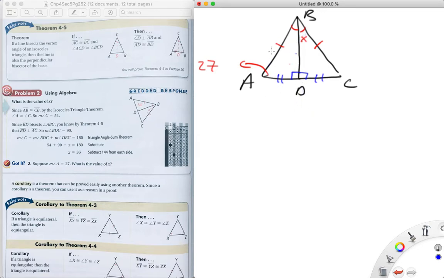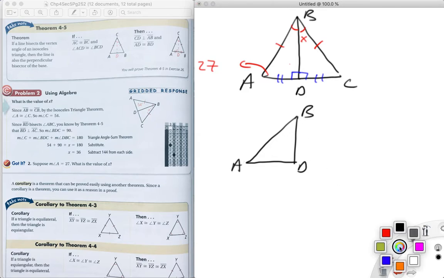So if I focus on this triangle here, triangle ABD, I know that this is a right triangle, so this is 90 degrees. I know that this is 27, and I'm looking for this guy. Since these two guys are the same, if that's X, then that's also X.